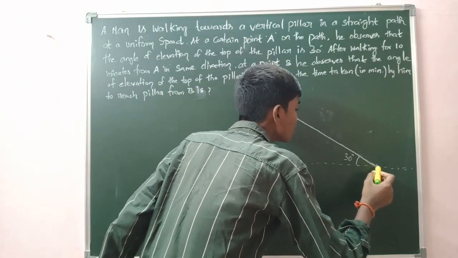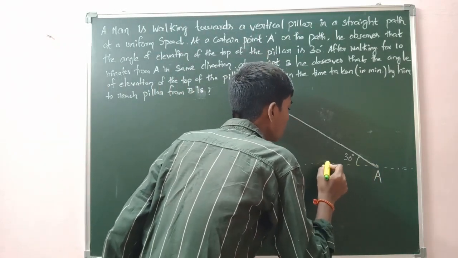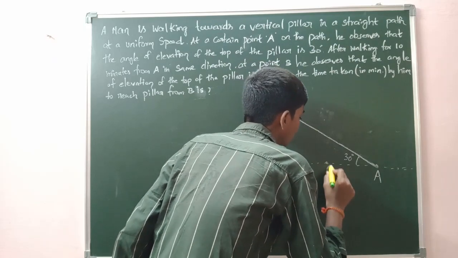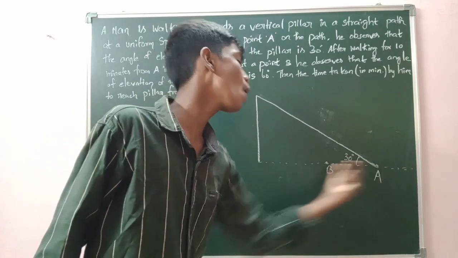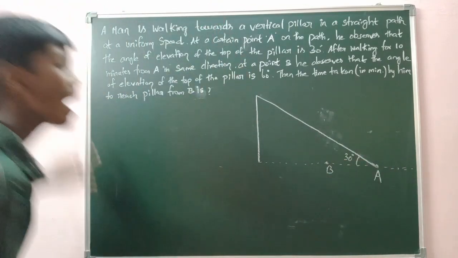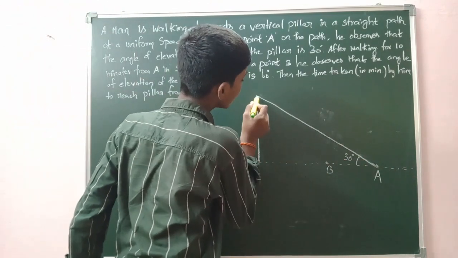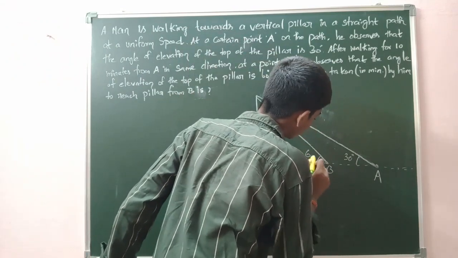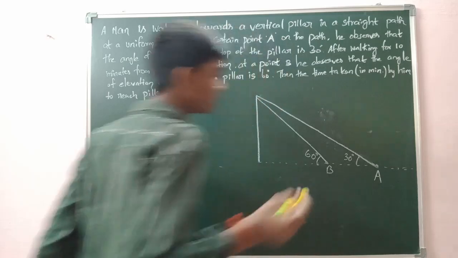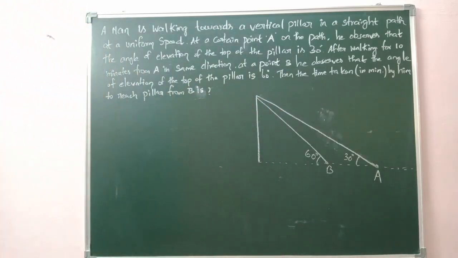He is walking from point A to some point B such that the time taken between these two points is 10 minutes, and the angle of elevation at point B is given as 60 degrees. Correct or not? That is what is given in the question. I'm just telling whatever is given in the question, using the concept.